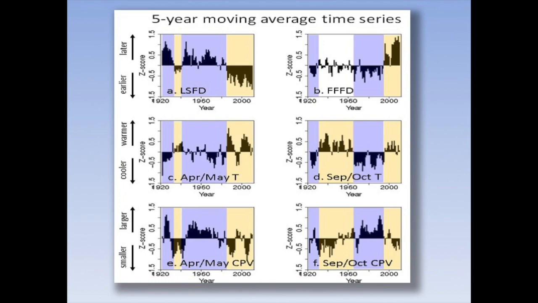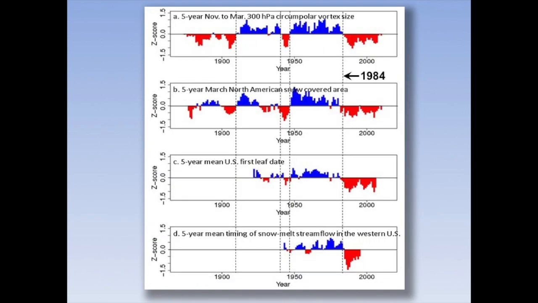And you can see these same change points, inflections, in these time series. For example, in 1984, for all of these springtime indicators, with the circulation types.